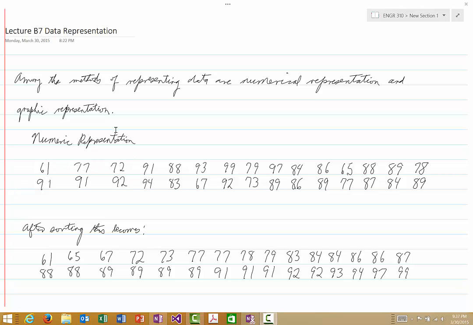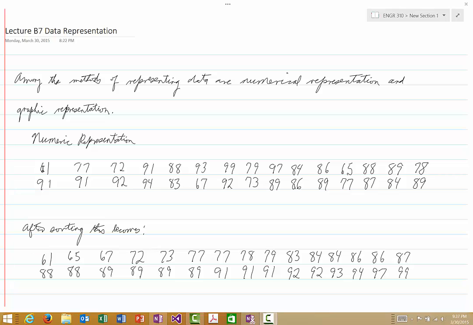Now, once you want to begin analyzing your data, or for instance presenting it graphically, it is usually useful to sort it. In this case, we've sorted it in ascending order.